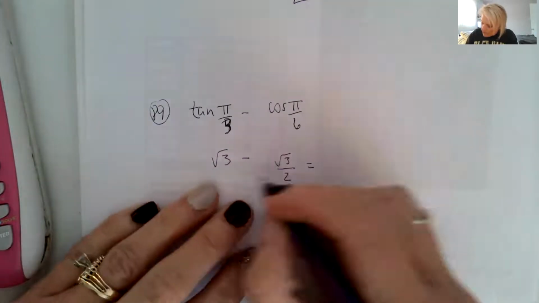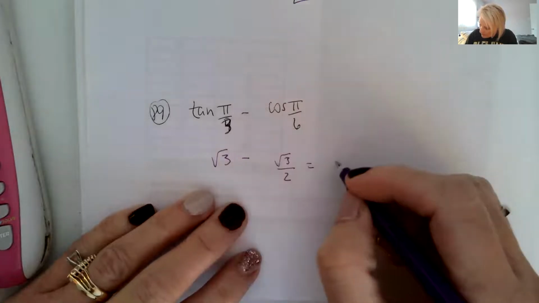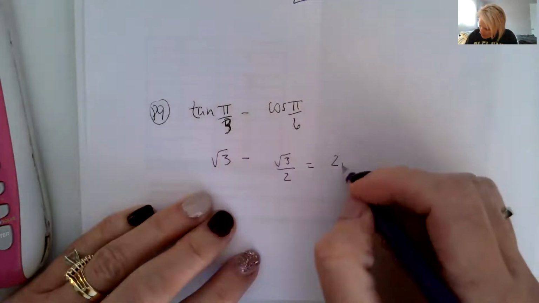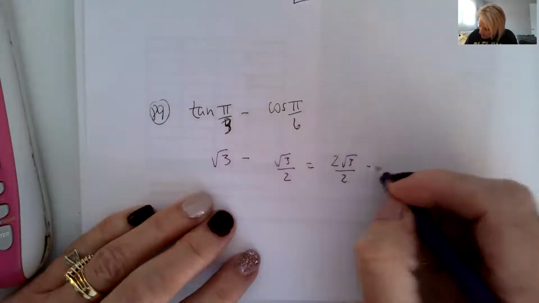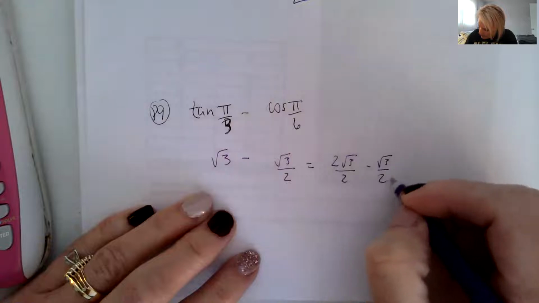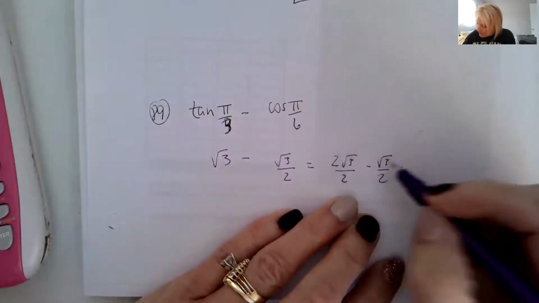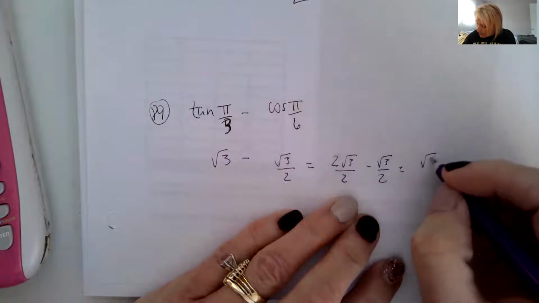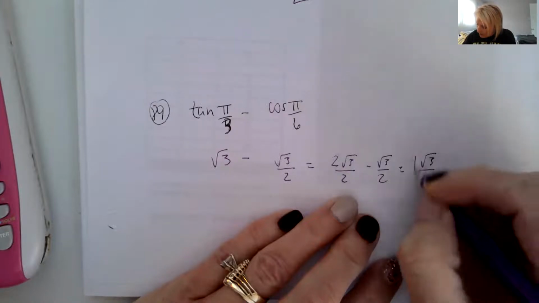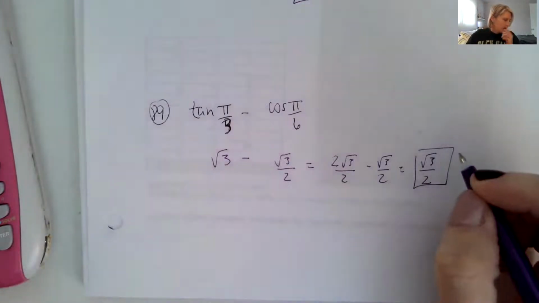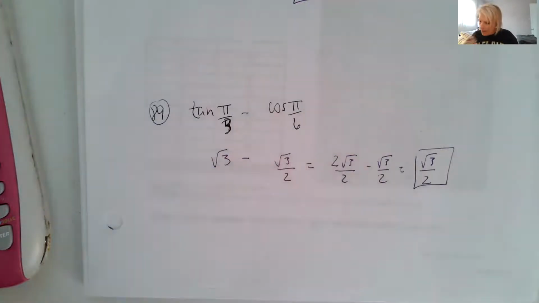So we need to get a common denominator of 2. When we do that, we get 2 times the square root of 3 over 2 minus the square root of 3 over 2. These are like terms, so we have 2 of them minus 1 of them. So we just have the square root of 3 over 2. So 89 should just be the square root of 3 over 2.